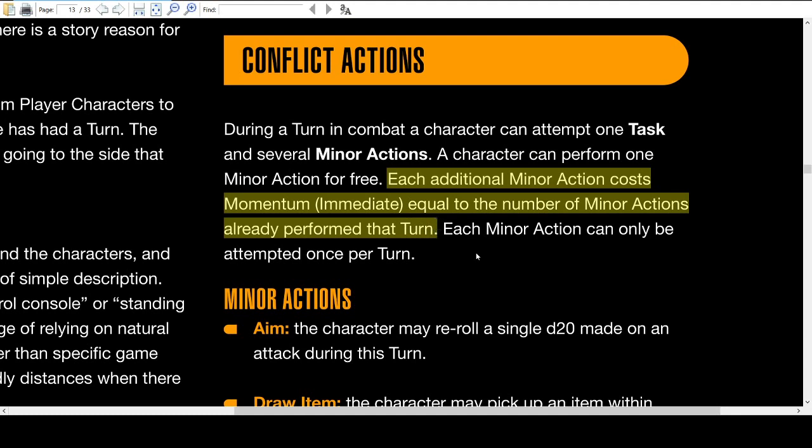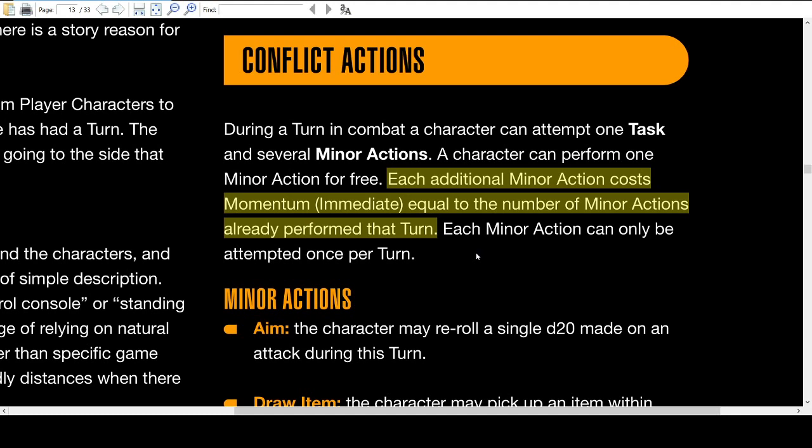So if I'm understanding this correctly, my first minor action is free, my second minor action would cost 1 momentum because there's only 1 action before it, my third minor action would cost 2 momentum, my fourth minor action would cost 3 momentum, and if I perform a fifth minor action, it will be 4 momentum. So that's actually pretty high. The price stacks up, and I think that's probably the limit.